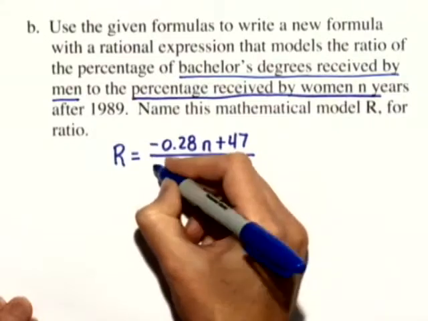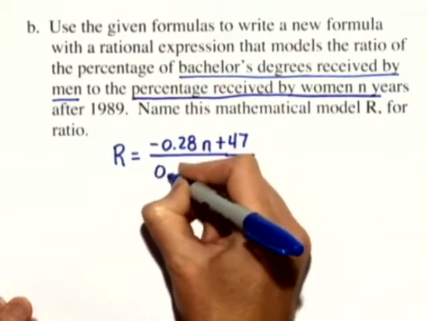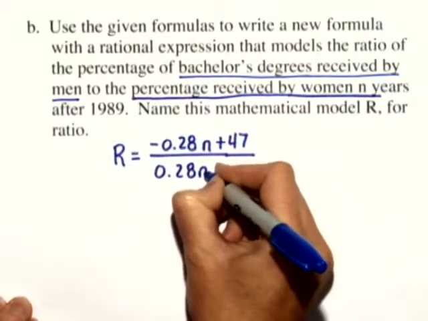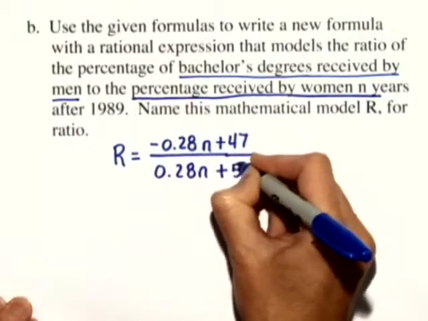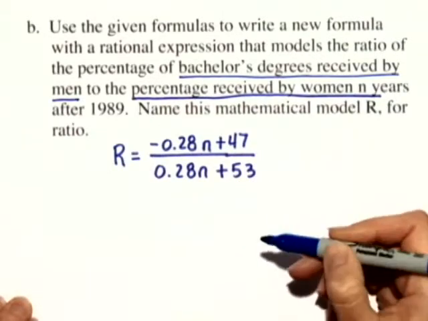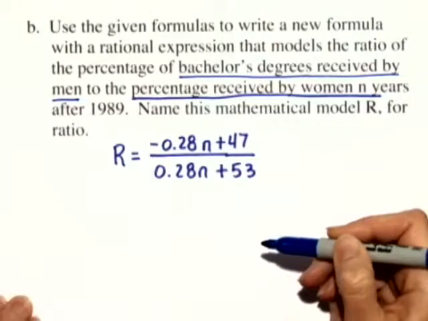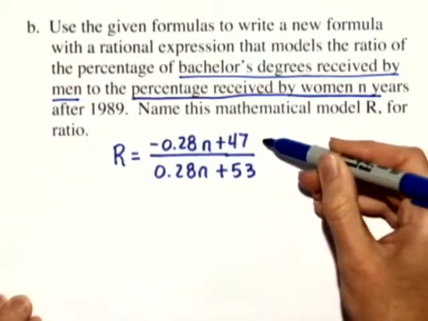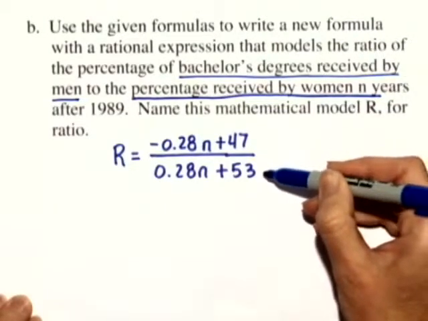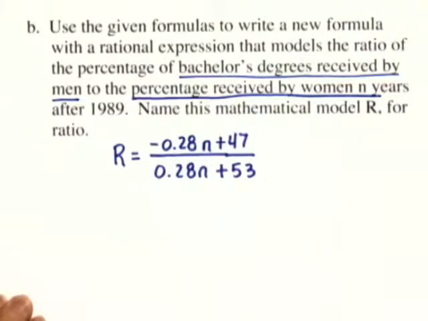The formula for women was 0.28n plus 53. So we can use this ratio to determine the percentage of bachelor's degrees received by men to the percentage of bachelor's degrees received by women.